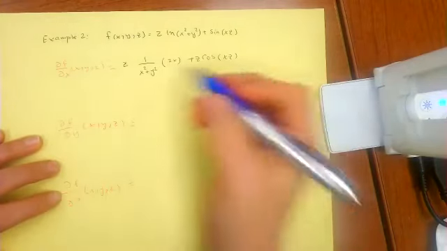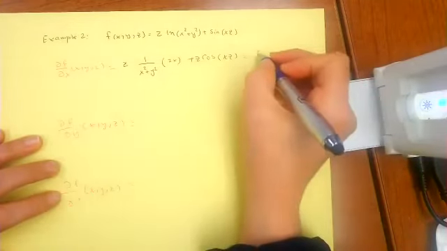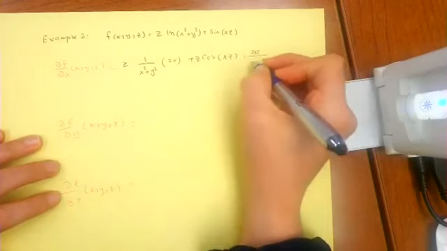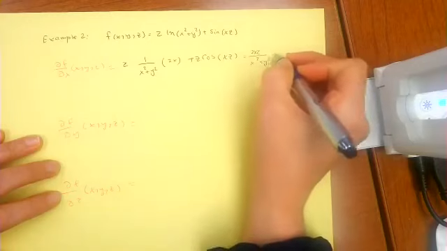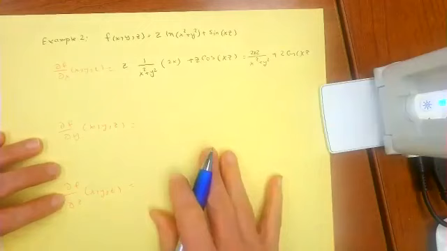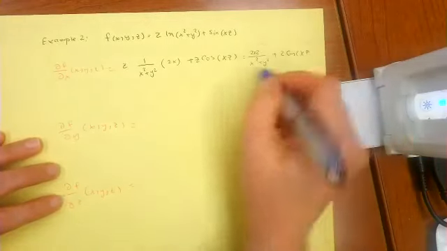Now, you can clean this up a little bit, write it as 2xz over x squared plus y squared plus z cosine xz. So that's the first one.